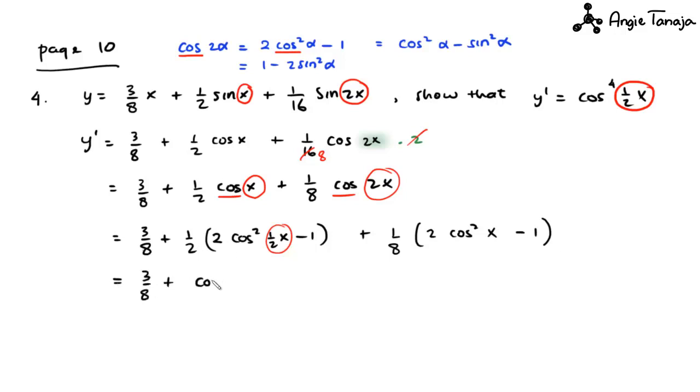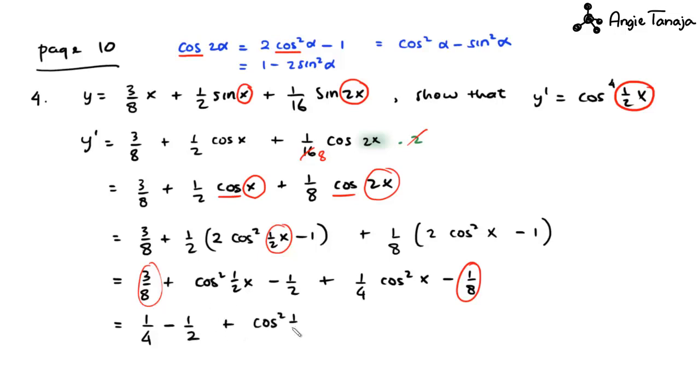So this will be cos square half x minus half, and this one will be 1 over 4 cos square x minus 1 over 8. Then I try to simplify this. I can calculate 3 over 8 minus 1 over 8, which is just 2 over 8, which is 1/4. And then I have minus half. I'm going to put it here, and I'm going to keep this one because I couldn't calculate it.